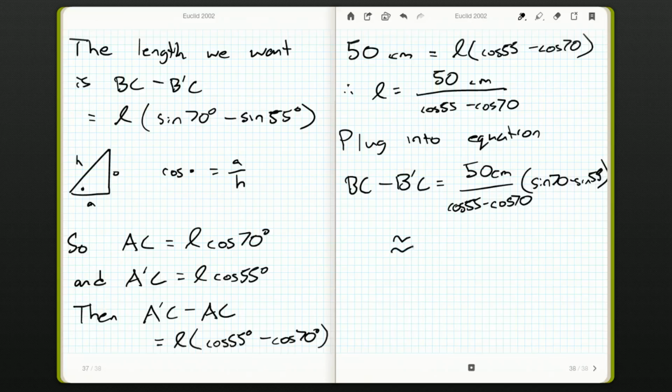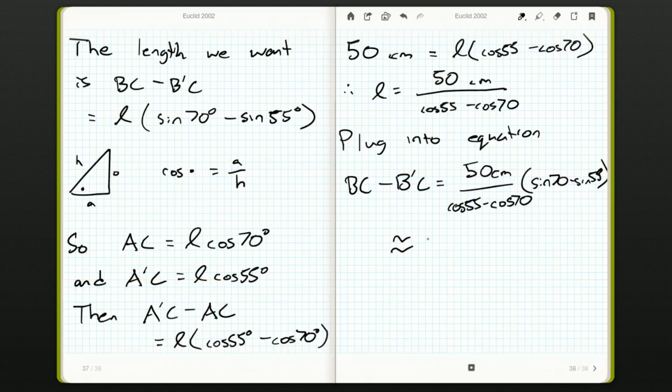So if I plug that in on a calculator, I will get approximately, let's see here, sine 70 minus sine 55 divided by cos 55 minus cos 70 times 50.